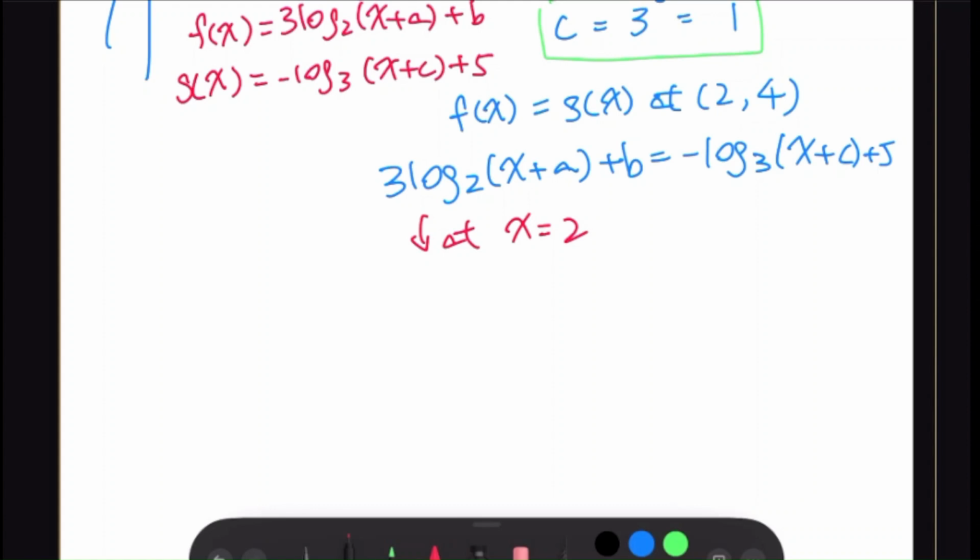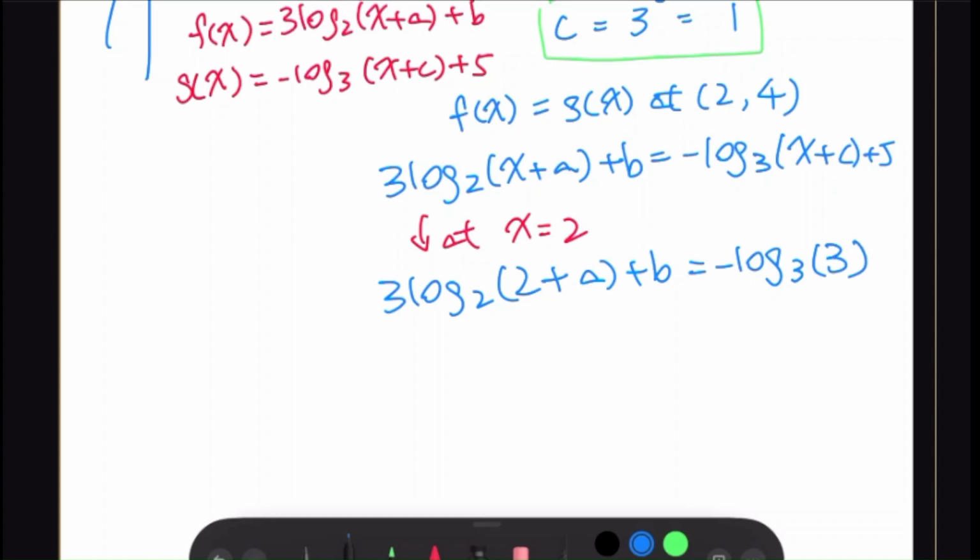So we arrive at 3 log(2 + a) + b equals negative log 3 plus 5.